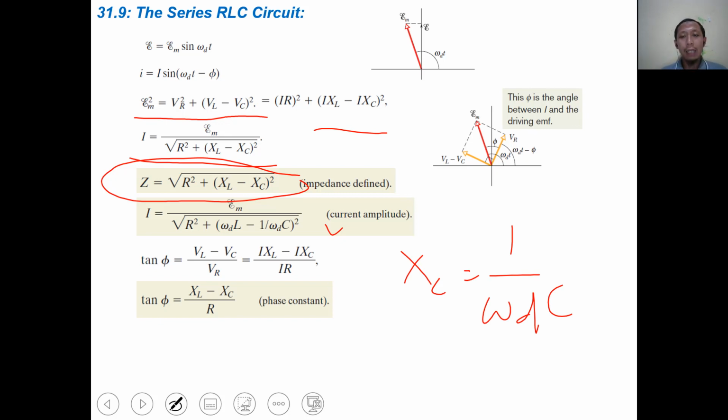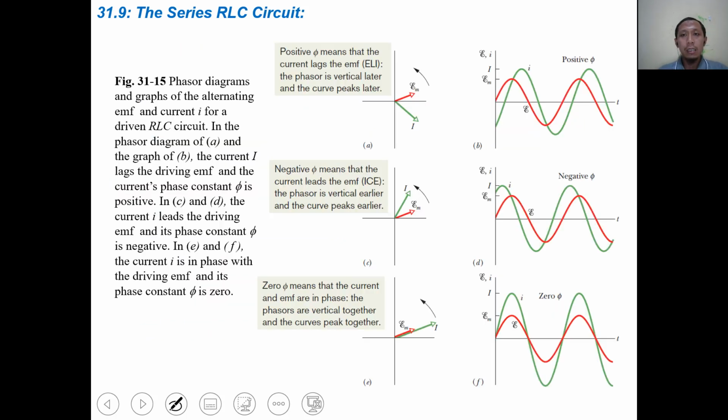And then for the phase, tan phi is equal to VL minus VC over VR, where VL is I XL and VC is I XC, over I R. Or tan phi is XL minus XC over R. This is the phase constant.